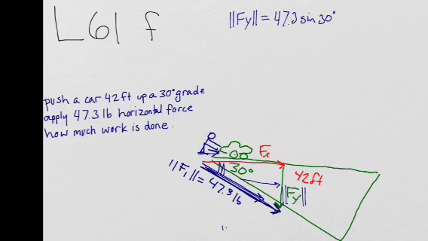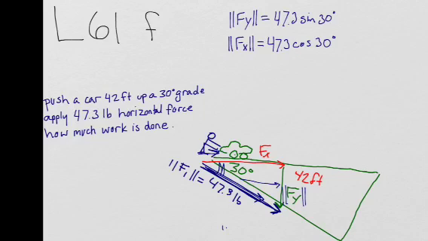Okay, so that's one, and we don't care about that one because that's not the question. The question was, what's the other force? So what I'm calling Fx, the force in the x direction, is equal to the original force, 47.3, that blue vector, times the cosine of 30 degrees.